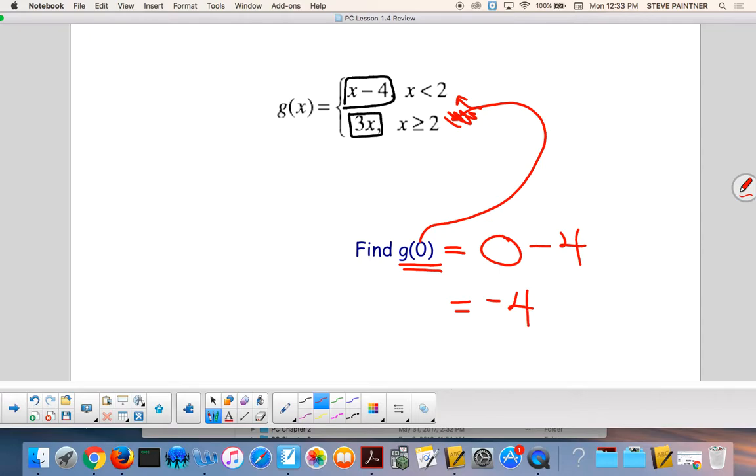You found a point. You plugged in 0 and you got out negative 4. That's all it is. Every time you get an answer, you're just finding points. You put something in, you get something out, that's a point.